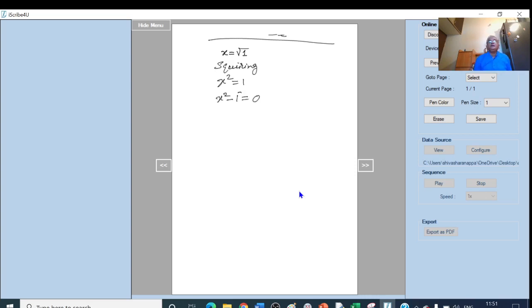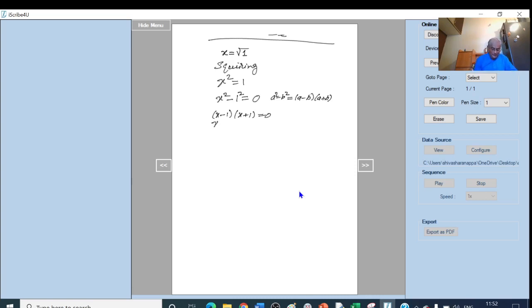And this 1 can be written as 1 square, and this is in the form of a square minus b square. And we know that this is equal to (a minus b) into (a plus b). So x square minus 1 square can be written as (x minus 1) into (x plus 1) is equal to 0.